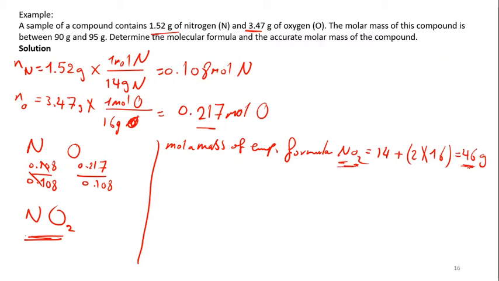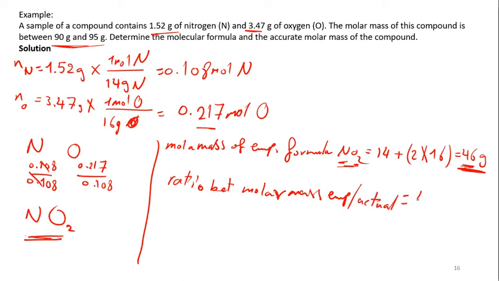So if I divide this empirical formula molar mass over the suggested molar mass, which is 90, I will get the ratio between the molar mass of empirical and actual, which is equal to 46 grams divided by the 90 grams, which is approximately 2.